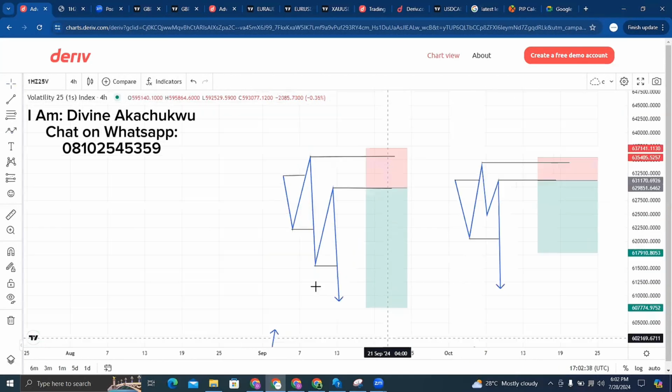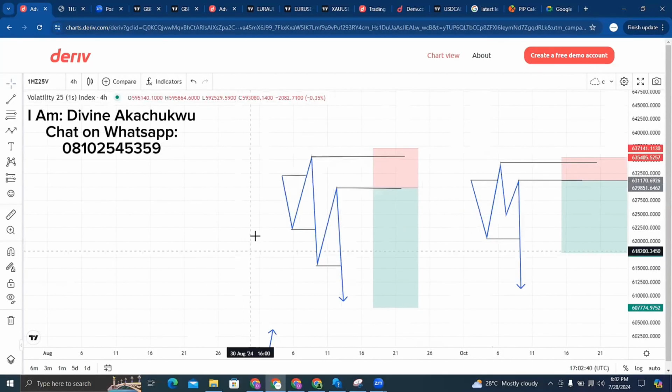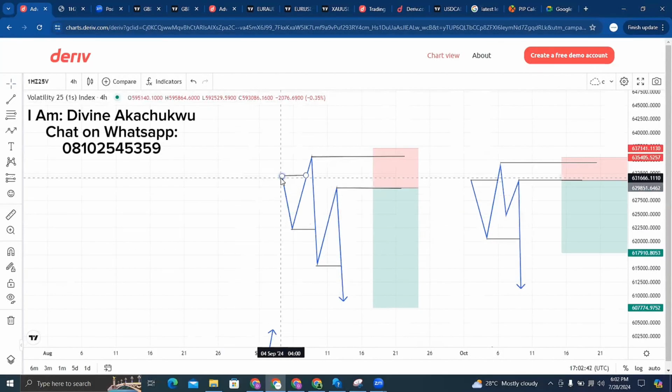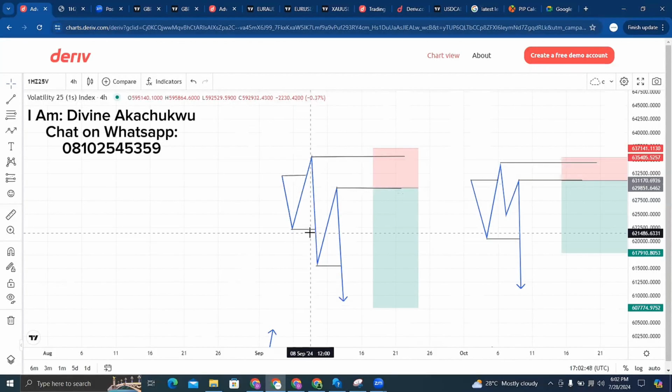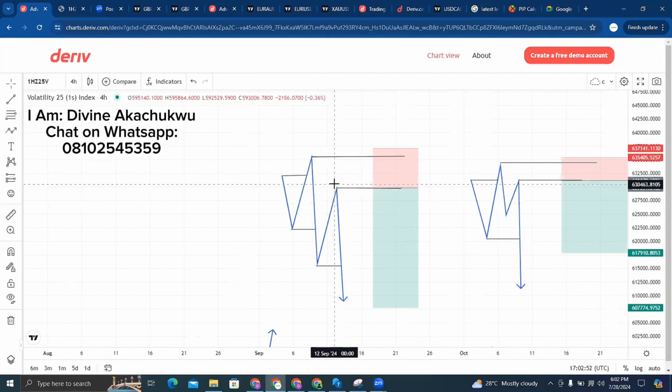And likewise, the sell scenario. I want to see a liquidity sweep, then the first break of structure, a reasonable pullback, then the second break of structure. So what do I expect price to do?